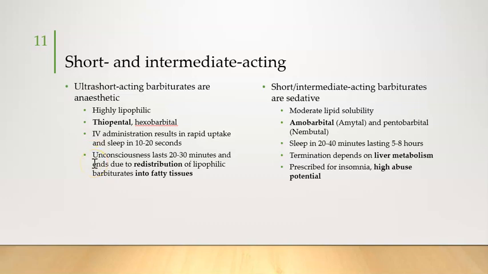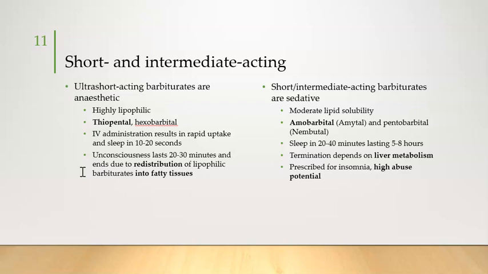This anesthesia lasts 20 to 30 minutes for a single dose. Now, if you're in surgery, they're usually monitoring this, and they'll continue to give more so that you stay asleep as long as they want. But with just one dose, unconsciousness lasts 20 to 30 minutes.